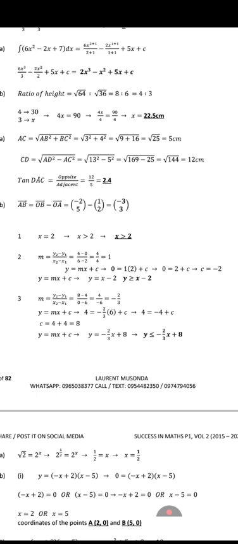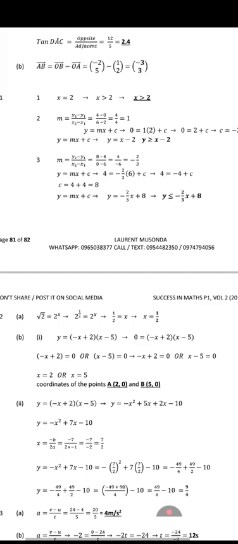In this case, they picked (0, 2), (2, 0) and (6, 4). Even in the second question, they picked (6, 4) and (0, 8). Pick 2 points.